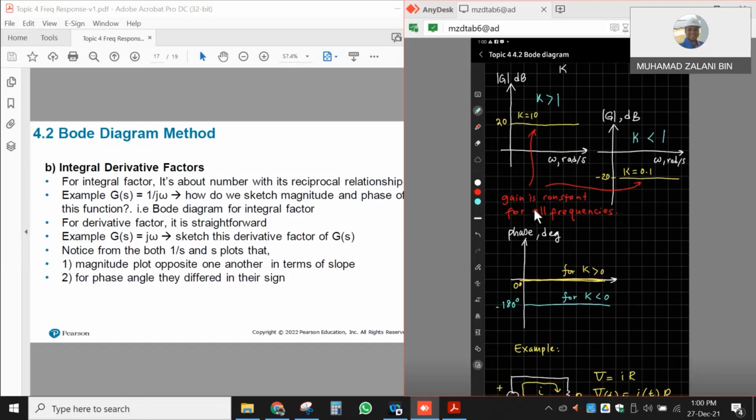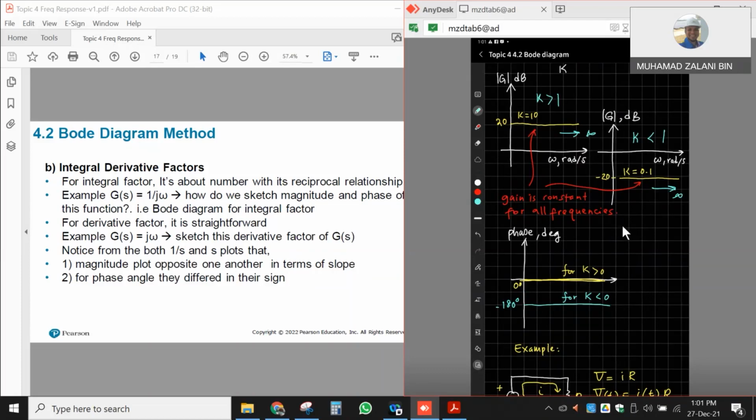So the gain here is constant for all frequencies, from 0 frequency moving toward infinity. It is constant over the frequency spectrum, not over the time.